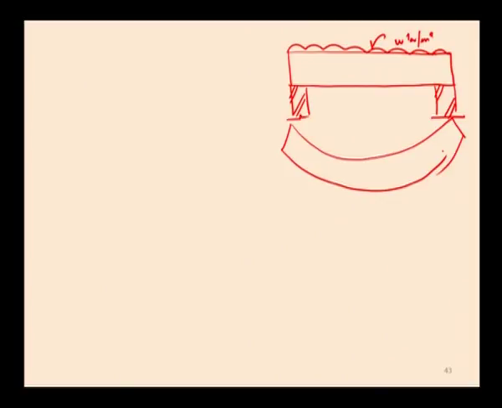Normally, in the case of an RCC structure, the provision of reinforcement depends on the deflection nature of the elements. First, we must know how the structure or element will be deflected, and based on that we can easily identify the location where the tension is developed.